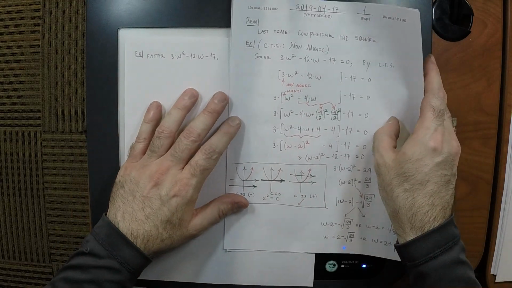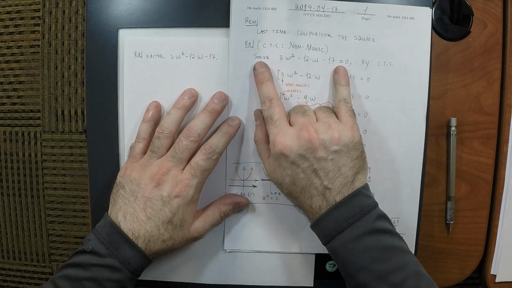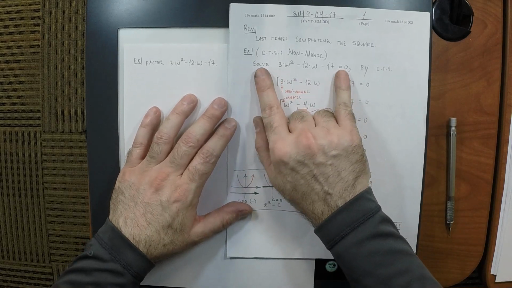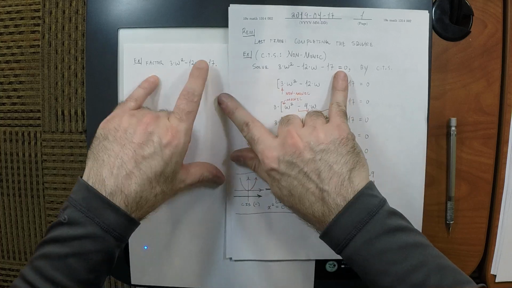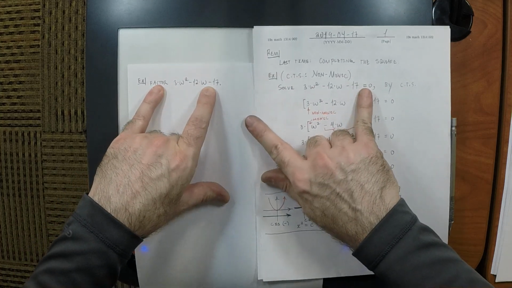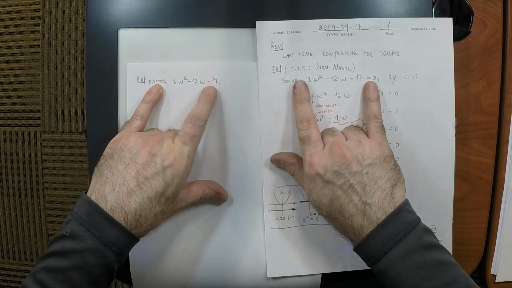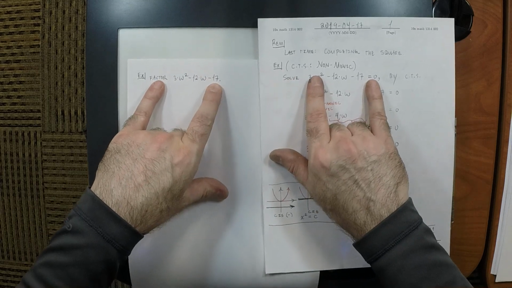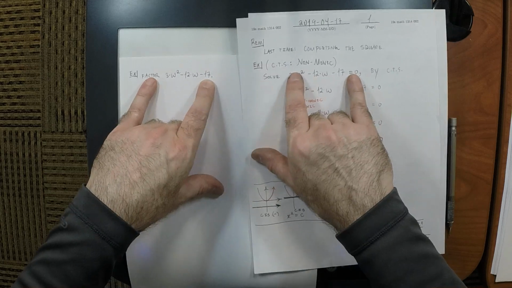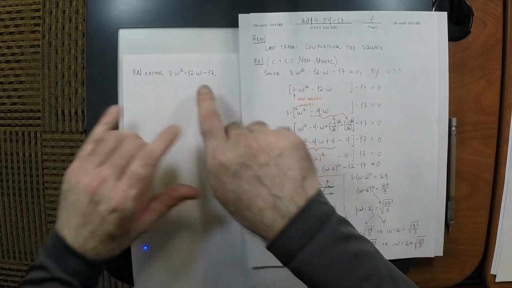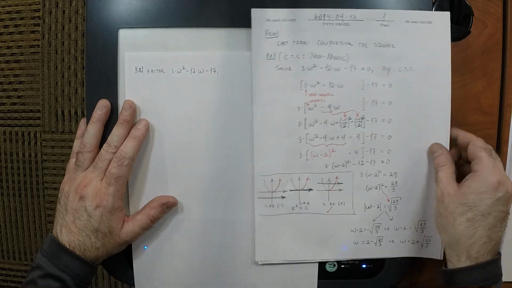The question from the first page was solve this equation. And the question now is factor this expression. So same quadratic. These questions are definitely similar, but they're not the same. So the request here is to come up with a factorization.